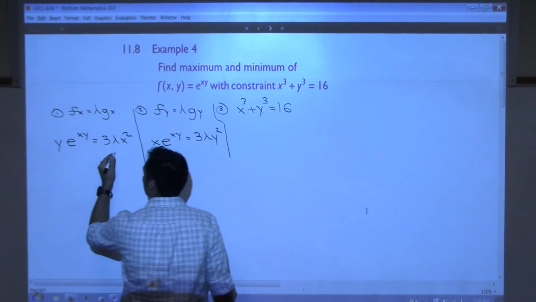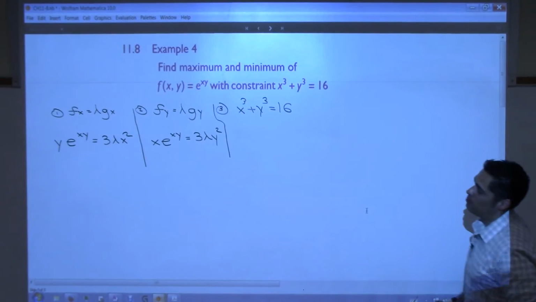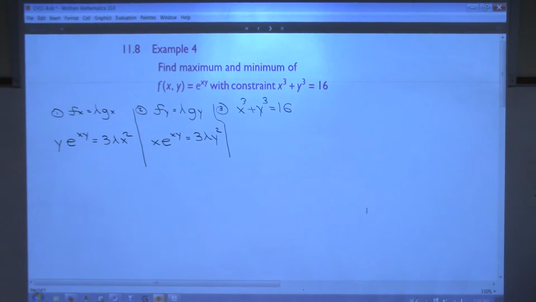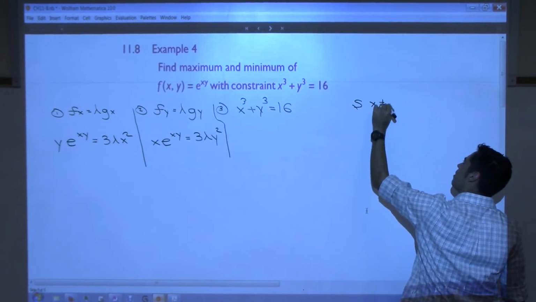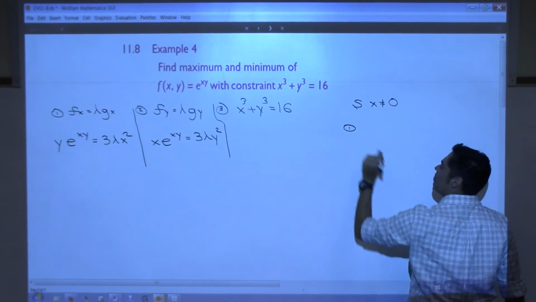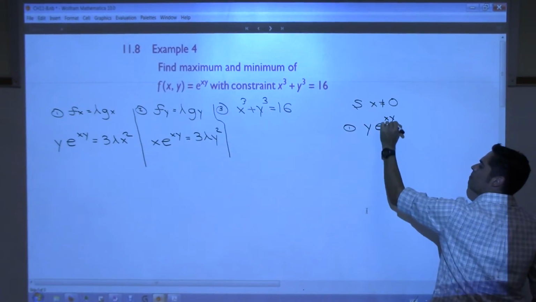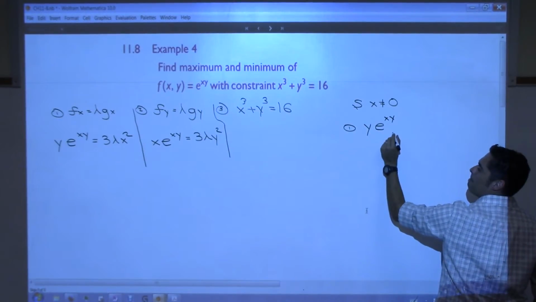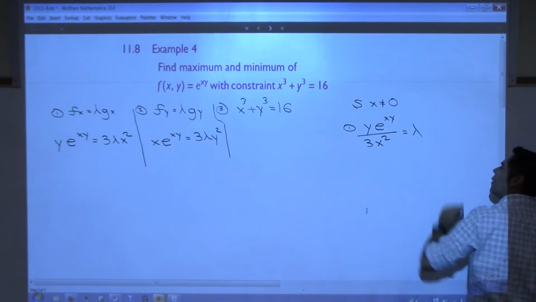All right. So if I'm going to take equation 1 and solve for lambda, then what do I need to say? Suppose x isn't 0. Equation 1 becomes that, right?